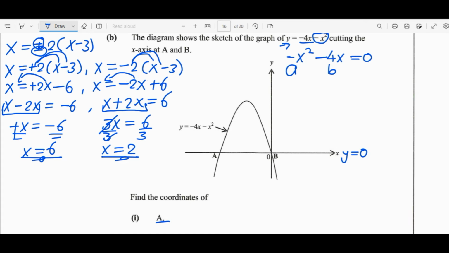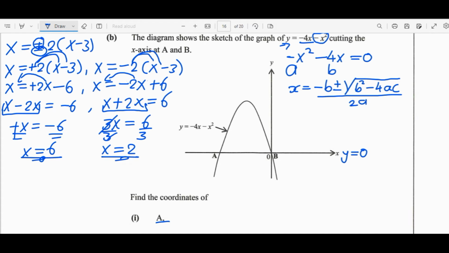So if you don't have the c, we can use the quadratic formula, or if we want, we can use the factorization method. So it's up to you. Now, let's say if you want to use the quadratic formula, how can we use this one if you don't have the c? So that formula, which is x is equal to minus b plus or minus the square root of b squared minus 4ac.